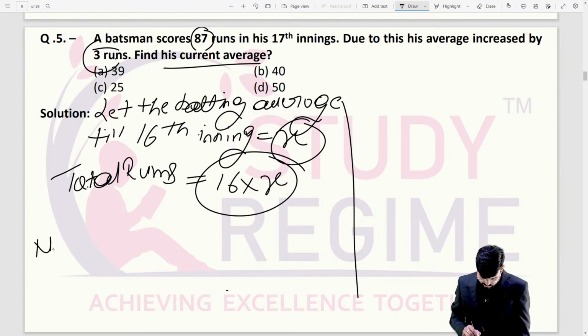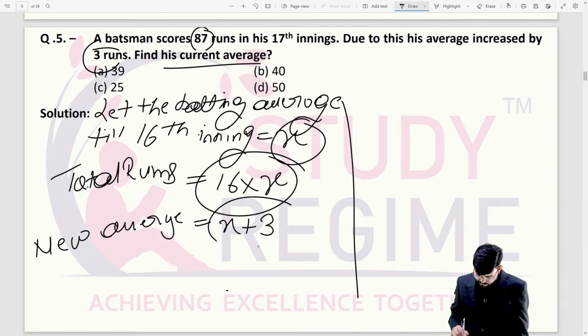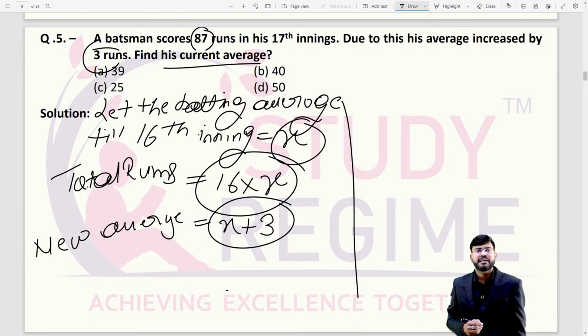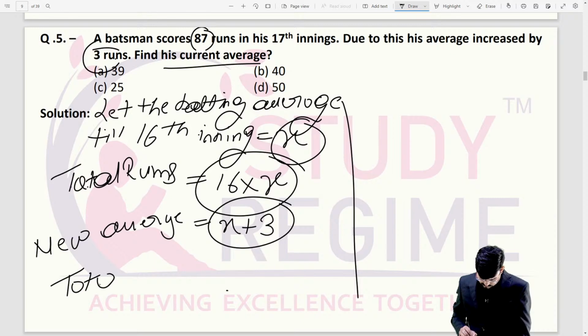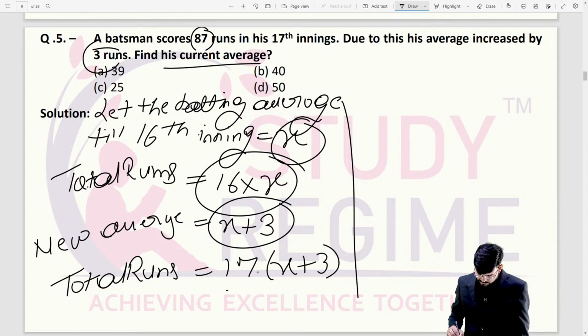So the new average will become X plus 3. Clear? To find the total runs made by the batsman after the 17th inning, I will write: total runs will be 17 into X plus 3.